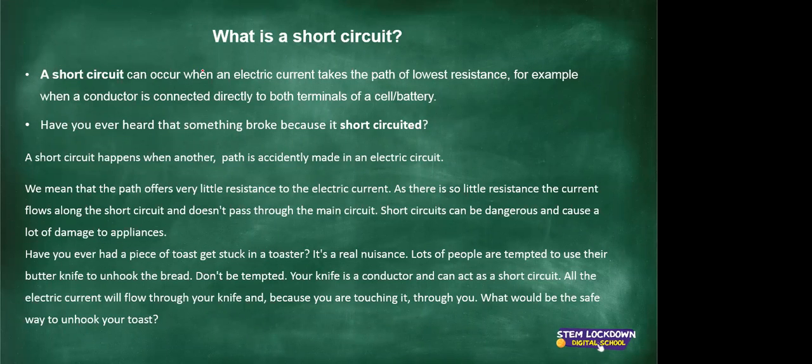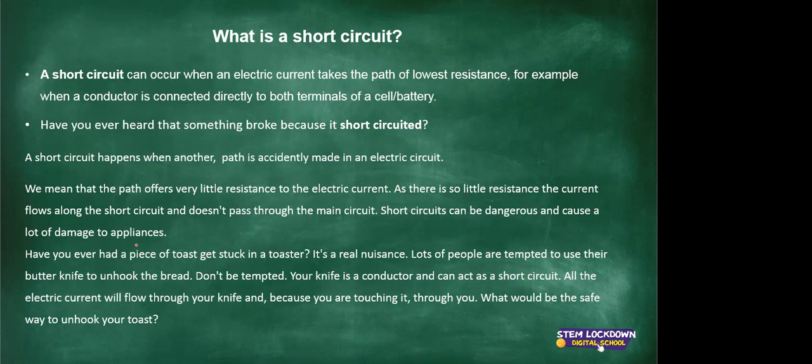And there is so little resistance that the current flows along the short circuit and it doesn't pass through the main circuit. And short circuits can be dangerous and it can cause a lot of damage to your appliances.